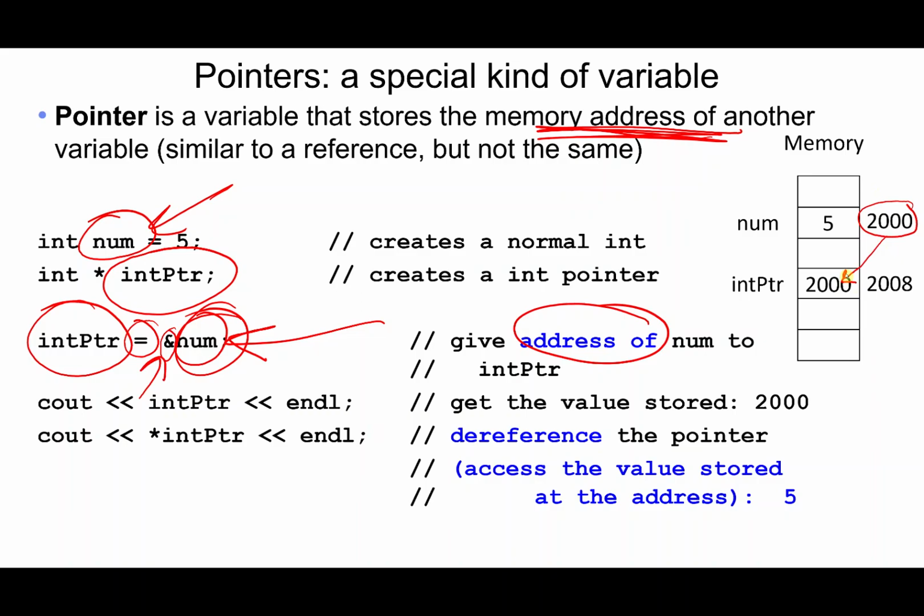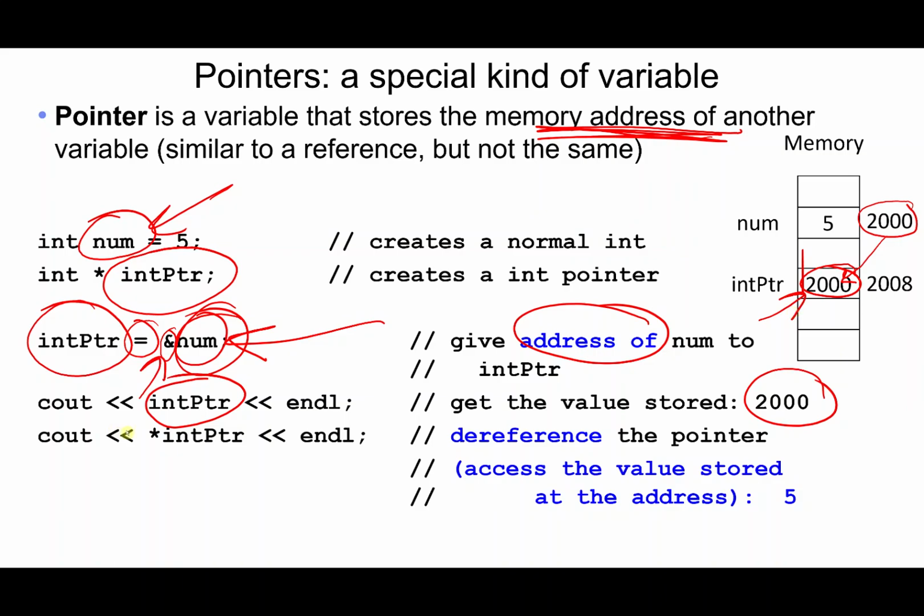So if I print int ptr, I'm going to print the address, which is the 2000, right? The address stored inside. So basically, whenever I print, I display the contents of a memory location, like this one, this is 2000.